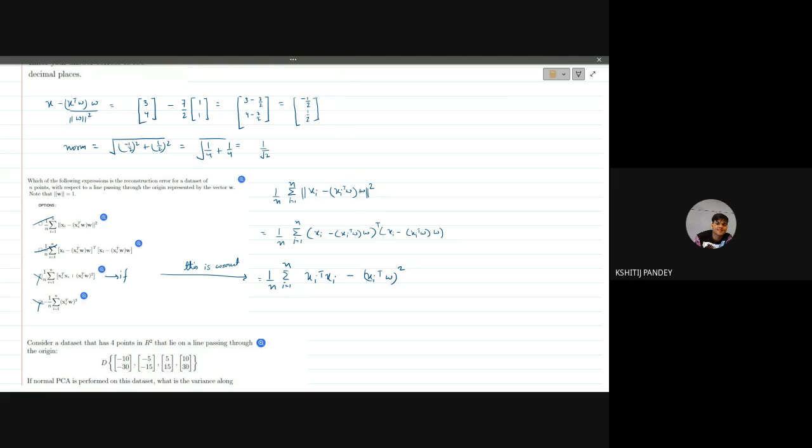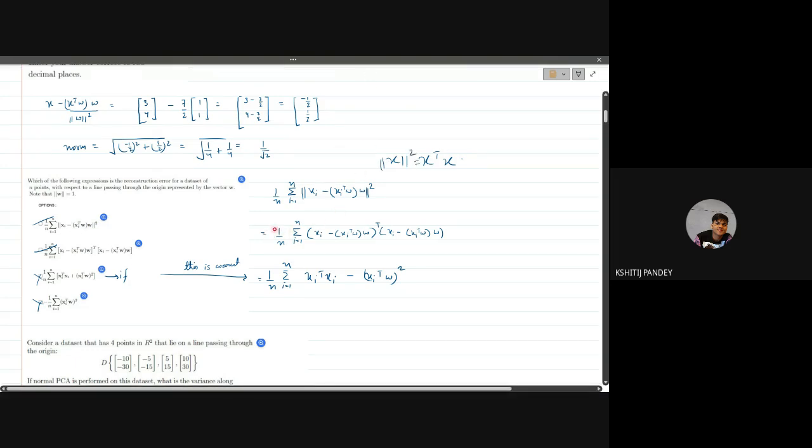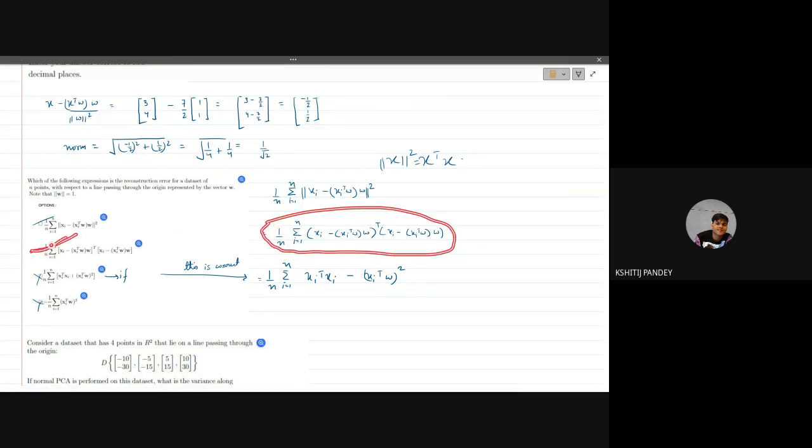Now if we use the formula, we know that norm square of x is equal to x transpose x. We are applying the same thing here, so this becomes equal to this expression, and this is the second expression we have here.